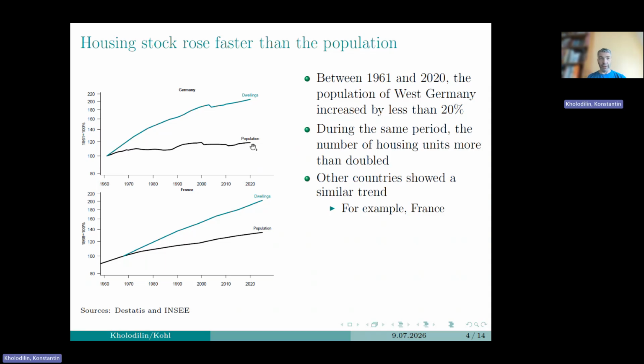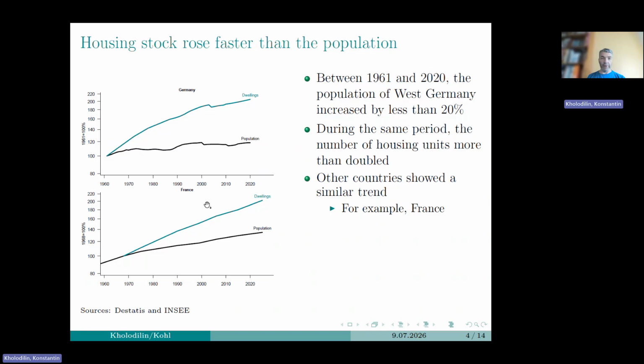I simply calculated the number of people in 1961, in 2020, in the intermediate years, and then I computed an index. What we see is that while population increased over the past 60 years by less than 20%, the number of dwellings more than doubled.